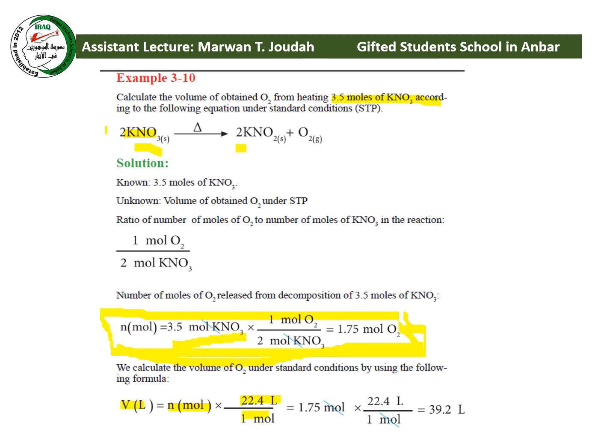And then we just apply the numbers that we got, 1.75 times 22.4, which gives us 39.2 liters. So it's just manipulating numbers.